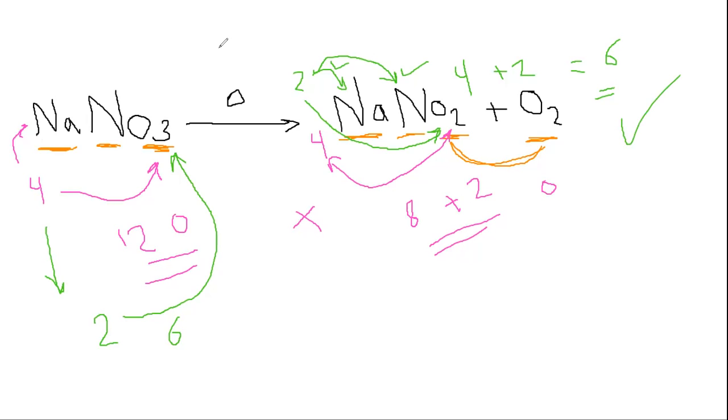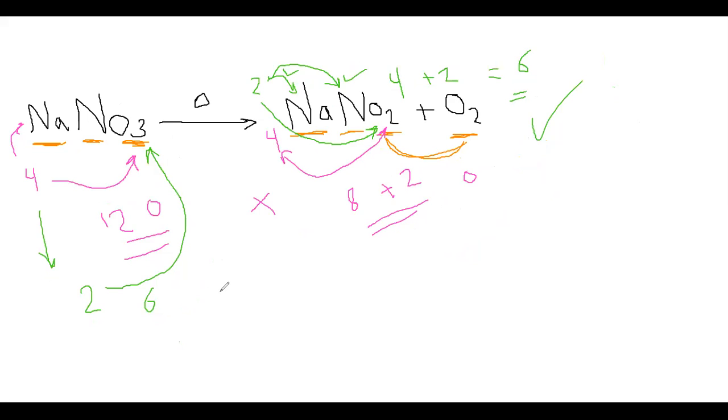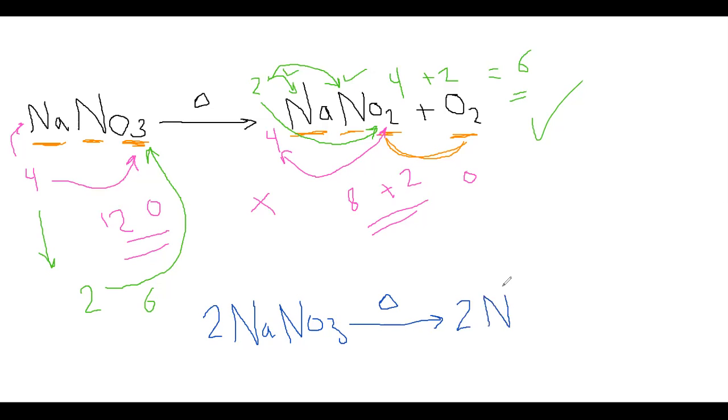So what about the final equation? Say, Mariam, what about the final equation? 2NaNO3, arrow by heating, produce 2NaNO2 plus O2.